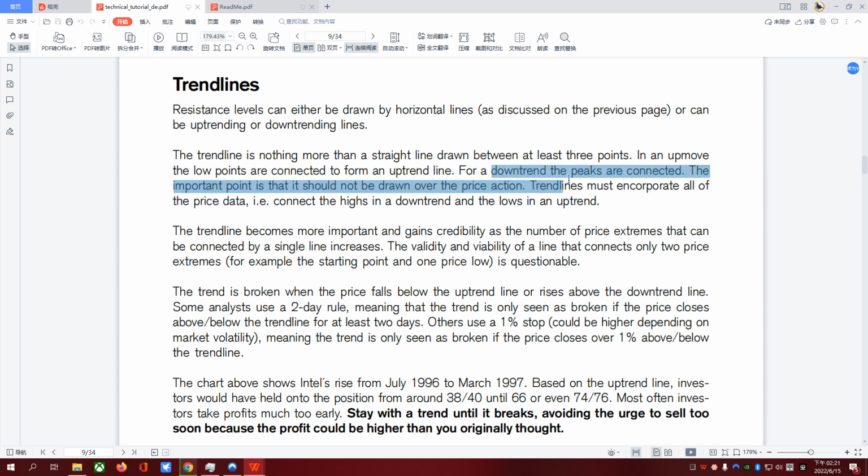So for a downtrend, the peaks are connected. The important point is that you should not draw over the price action. The trend line must incorporate all of the price data, which means we have to view the price chart from more of a macro perspective. When we're doing a lot of trading, it is very important that you do analysis for yourself.